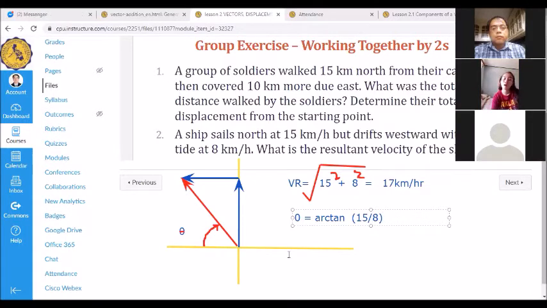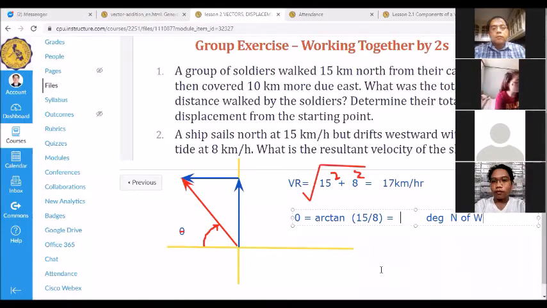Okay, now the angle that we will get will be north of west, since it is located on the left side. Can somebody give me the value?